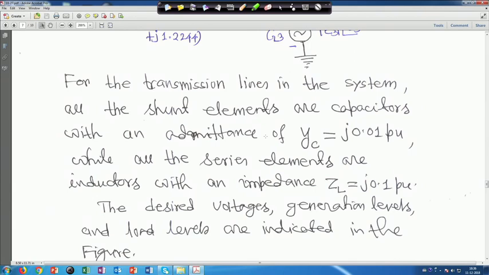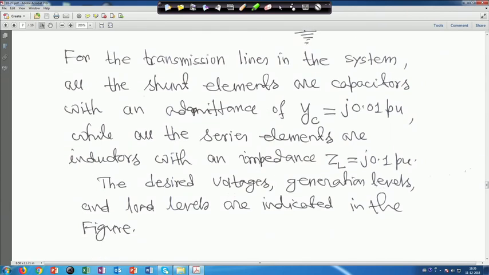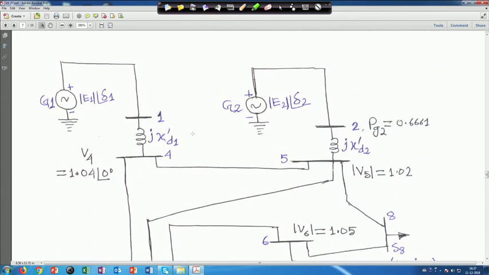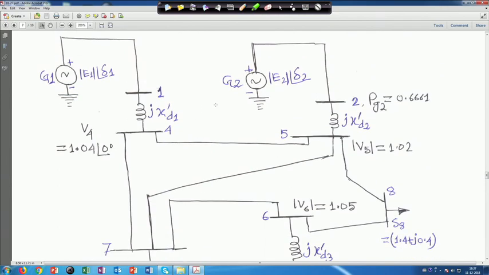The desired voltages, generation levels and the load levels are indicated in the figure. Fault I will tell you later. So, I told you everything about this figure.